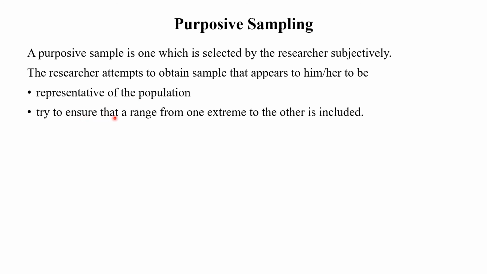Right? Try to ensure the range from one extreme to the other is included, especially when you use purposive sampling. Right? So there must be expertise in selecting this subjectively. Some clinicians, let's say, may select a certain group of people purposefully based on subjectivity. Right? So the sampling may not be random. They select the patients because they seem to have certain characteristics, purposefully.